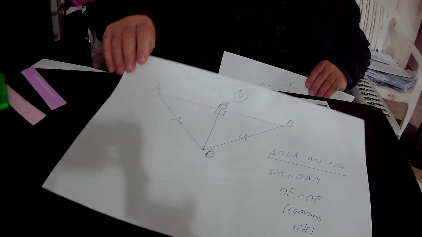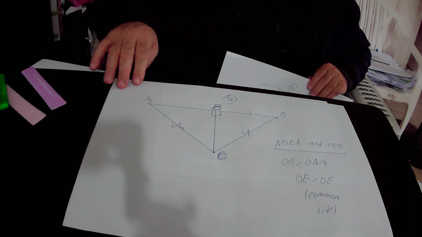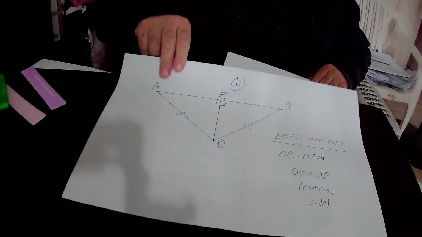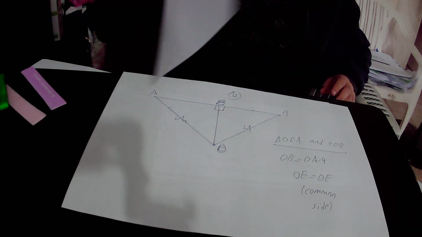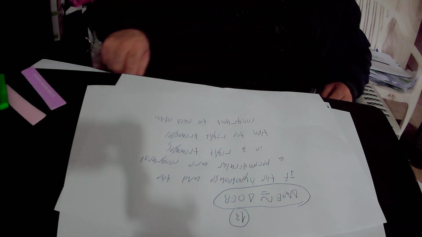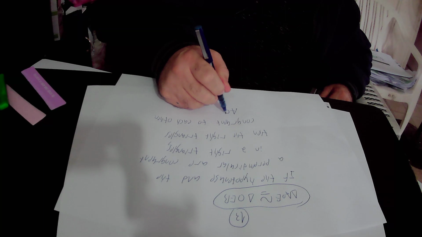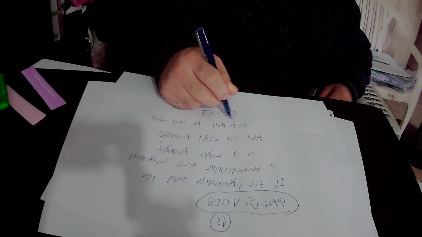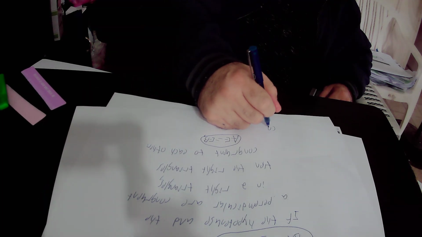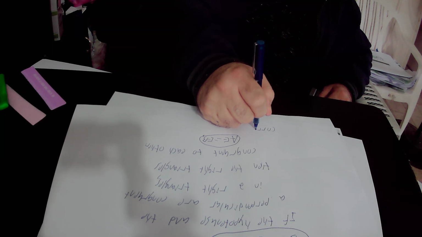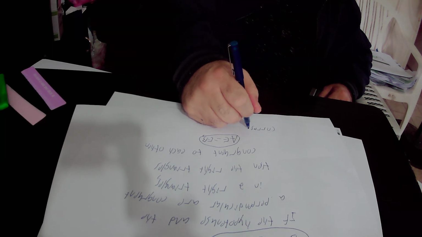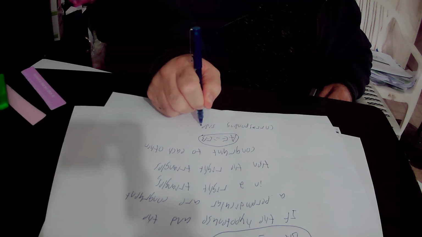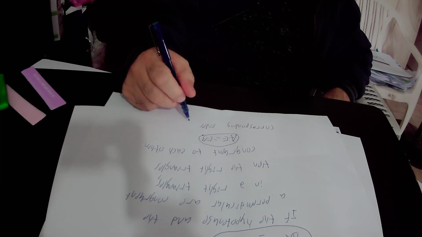And from the fact that those two triangles are congruent, we will conclude that AE equals EB, according to the rule that corresponding sides in congruent triangles are equal to each other.